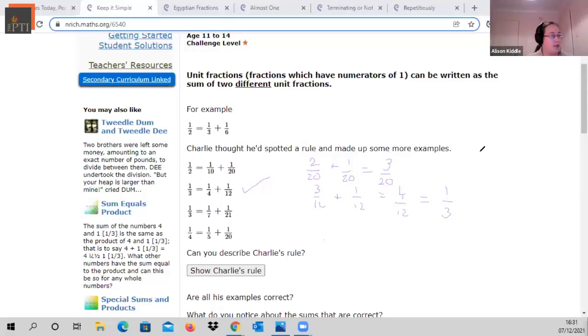So this is about how we convince ourselves of things. And I think with fractions, students often find it very easy to convince themselves of a wrong answer. And so modeling the sort of things that we do when we're proving in order to show that 3 over 20 is definitely not equal to a half.